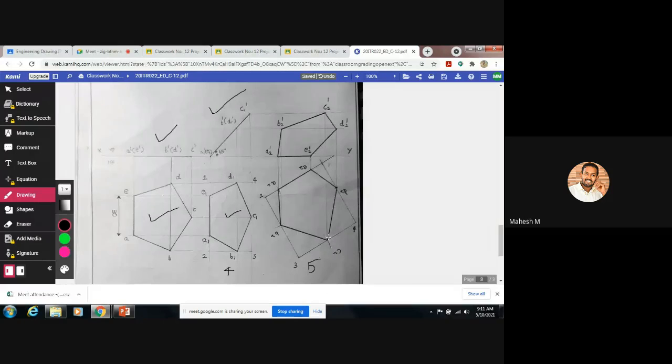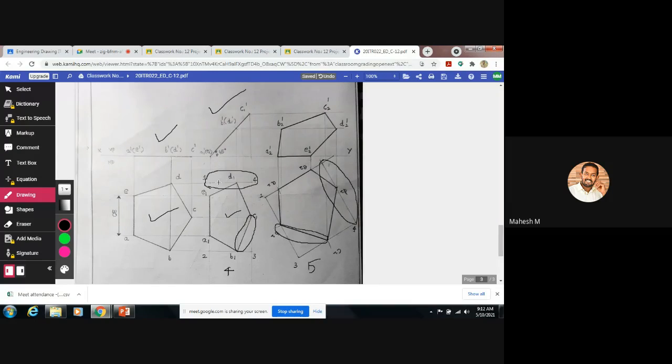So please look at this length, the length of B2 and C2, and please look at the length of B1 and C1. So it is not equal. Okay, and before that, please look at the length of the line 1 and 4. And here, look at the length of the line 1 and 4.